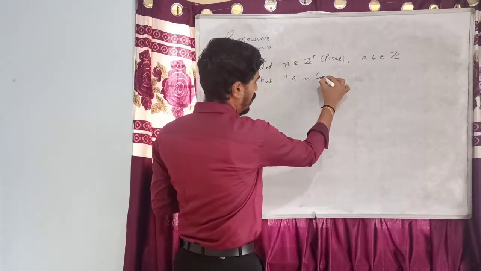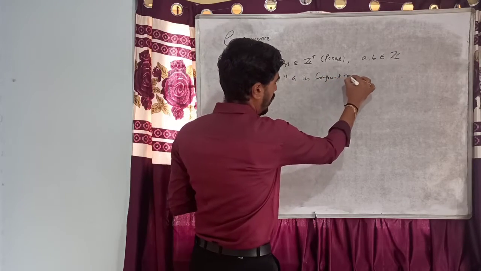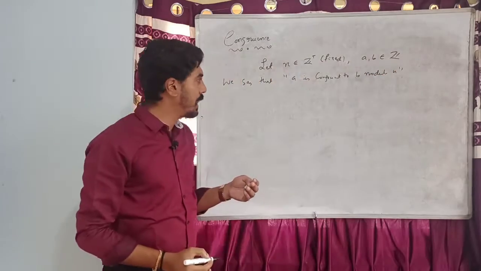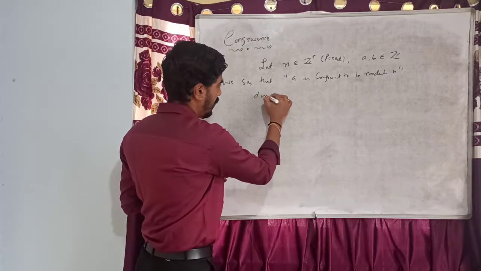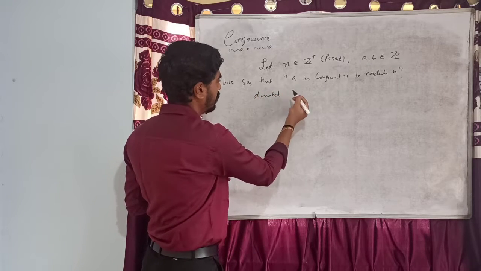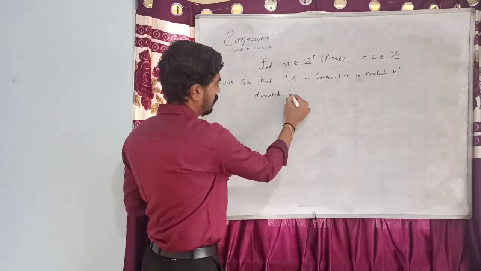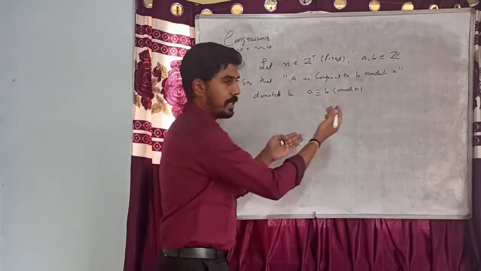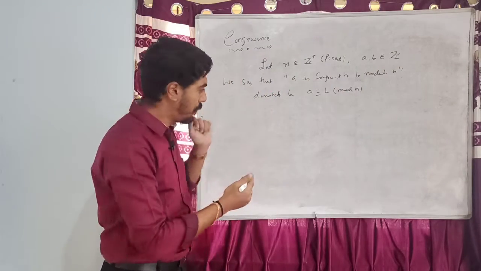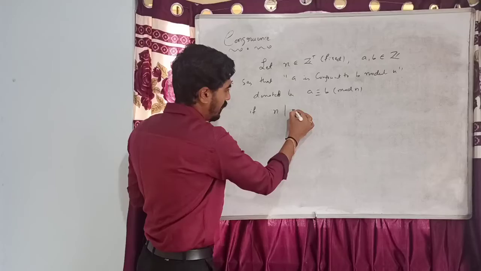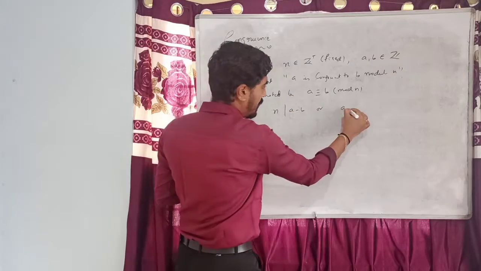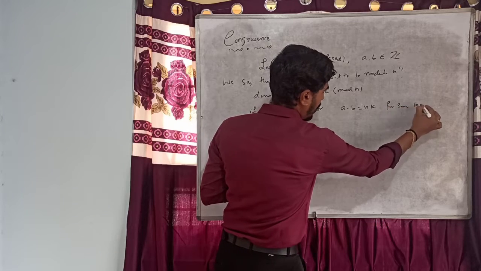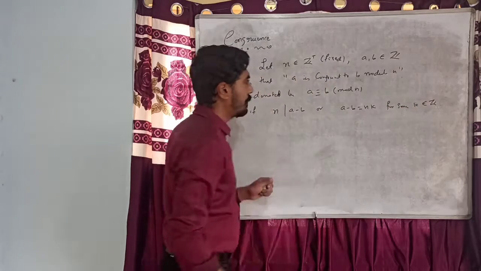It is denoted by this symbol, read as a congruent to b modulo n, if n divides a minus b, or a minus b is equal to nk for some k belongs to Z.